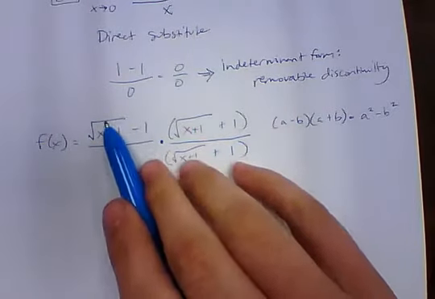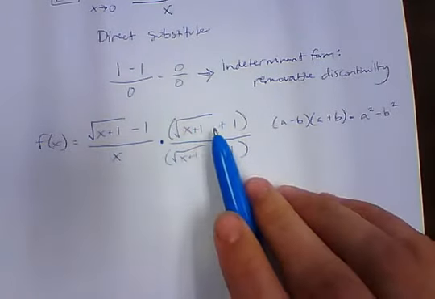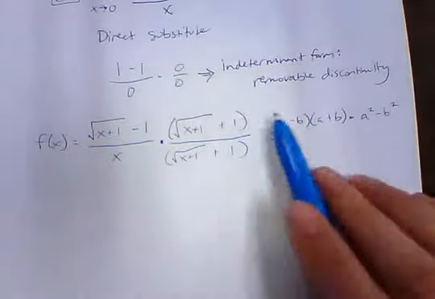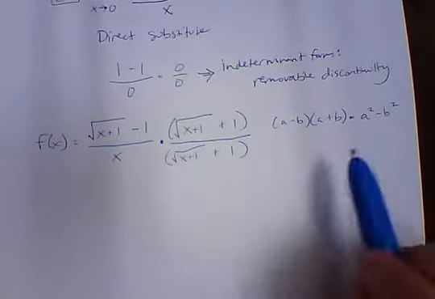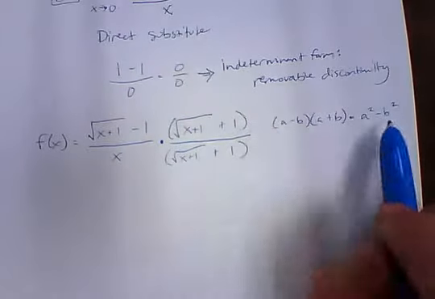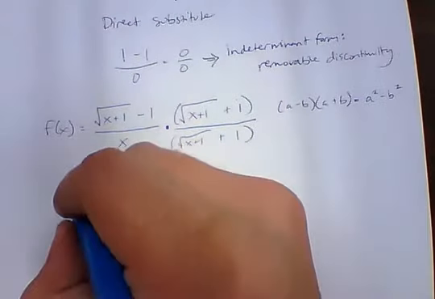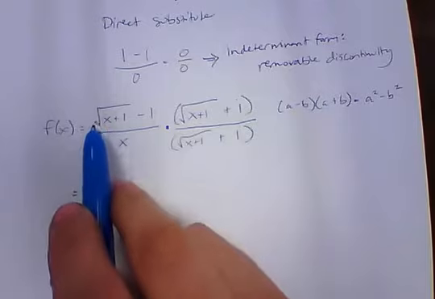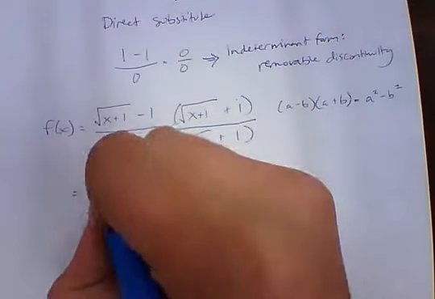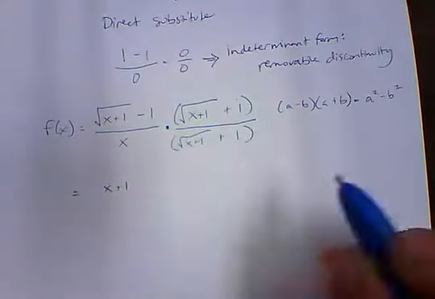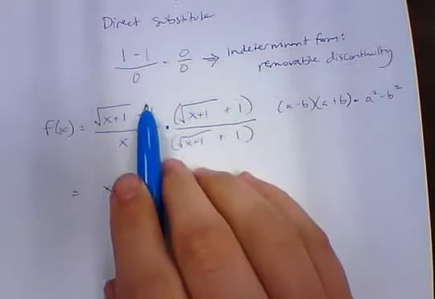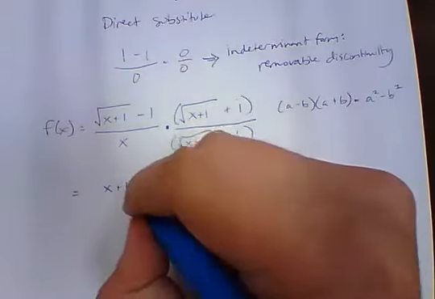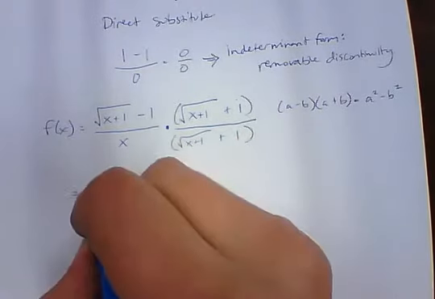So instead of foiling everything out, let's just make this a squared minus b squared. So on top, I'm going to have radical x plus 1 squared, or just x plus 1, because the squaring would get rid of that radical, minus b squared, so minus 1 squared. Well, 1 times 1 is 1.